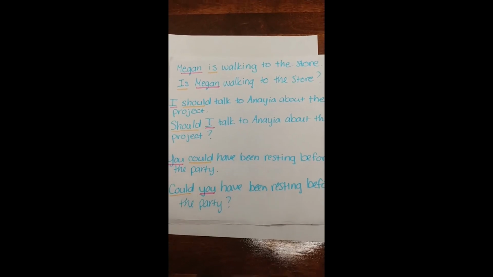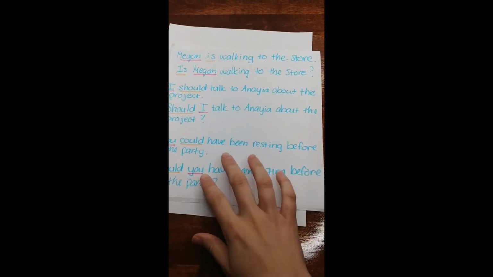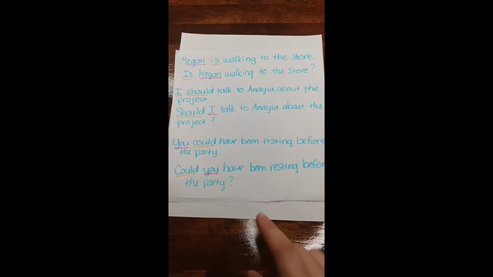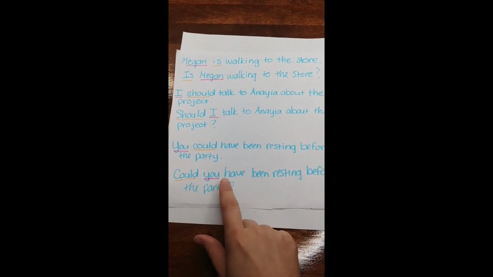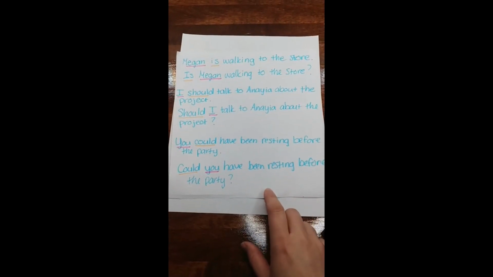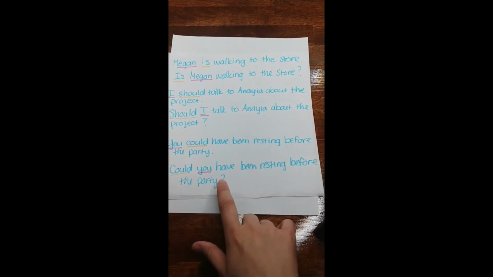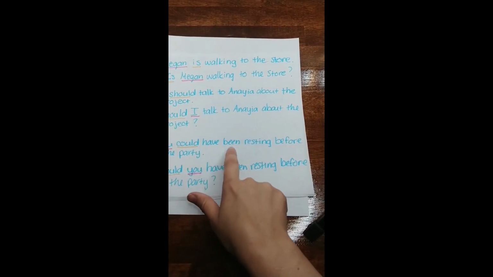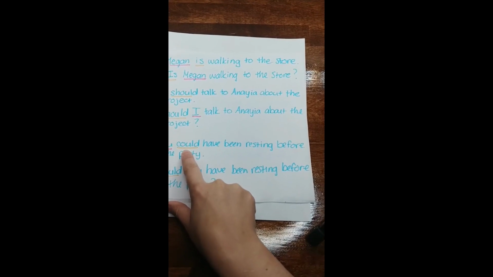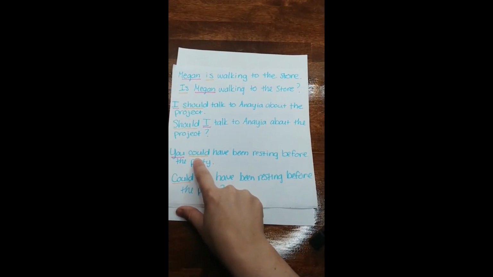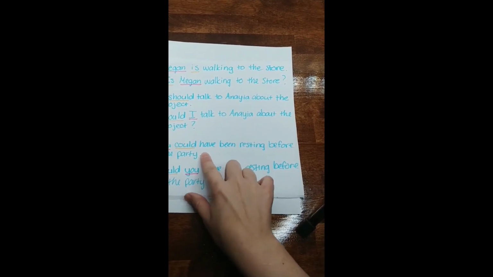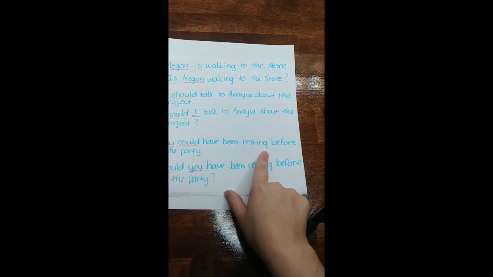Also, I just want to add, for emphasis here, take note that you have a lot of auxiliaries going on in this last sentence in particular, where it says "could have been resting." So you have the modal "could," and you have present perfect progressive, right?